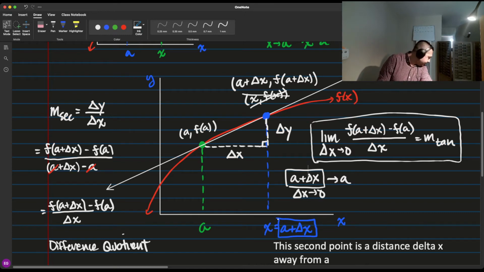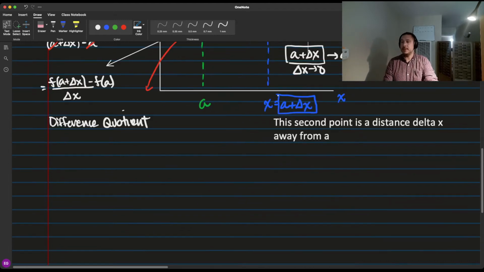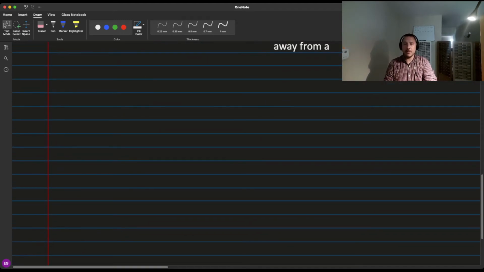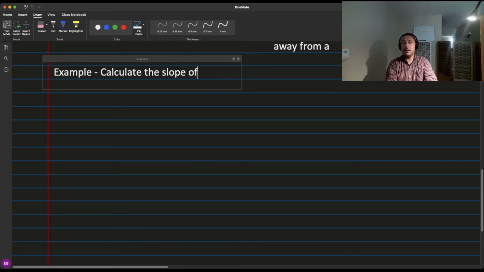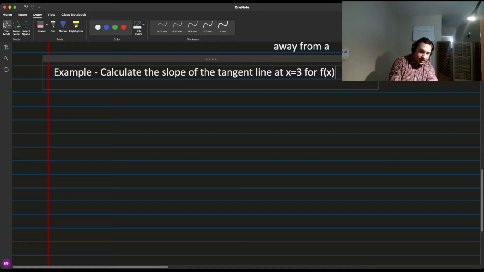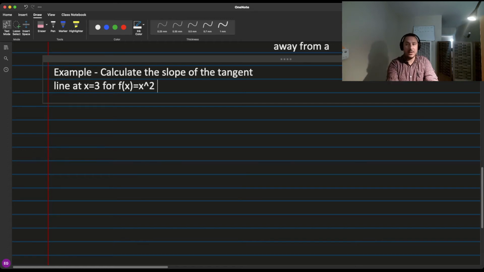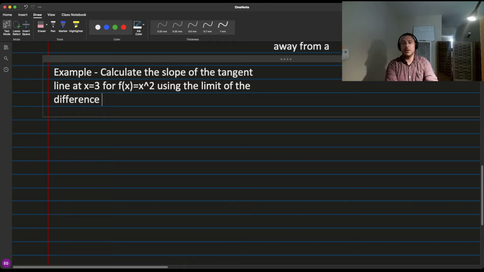Okay, so let's use this to calculate a tangent line. Example: calculate the slope of the tangent line at x equals 3 for f of x equals x squared, using the limit of the difference quotient.